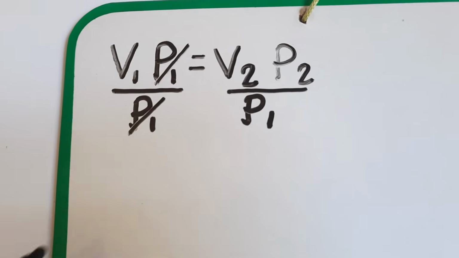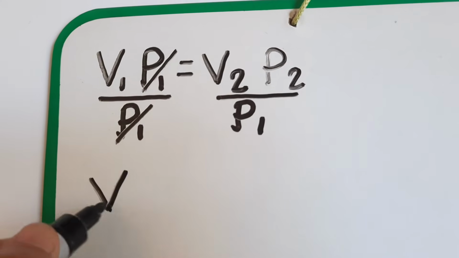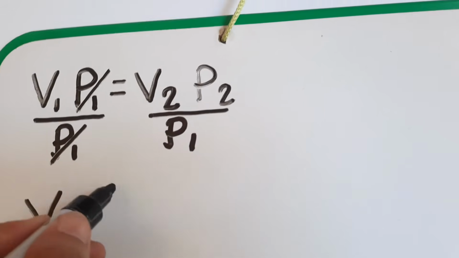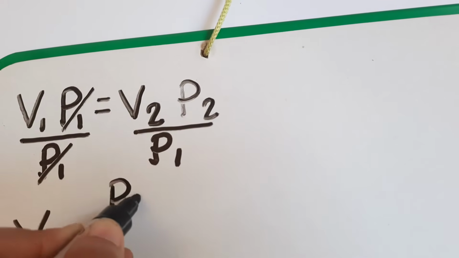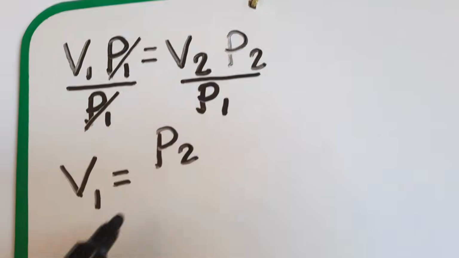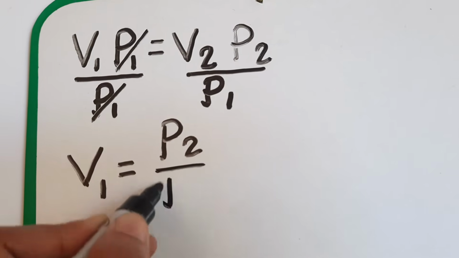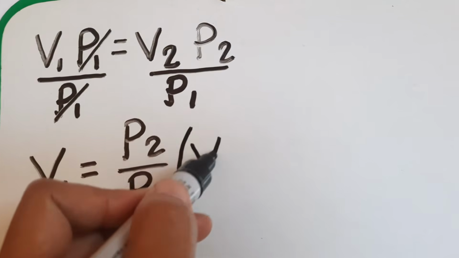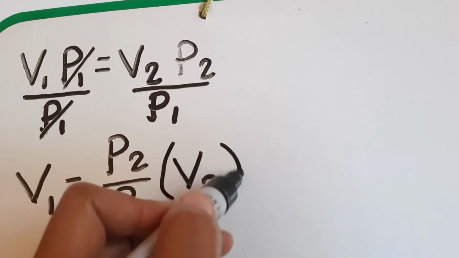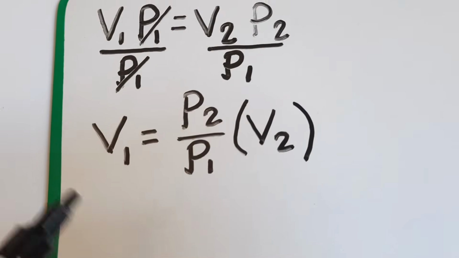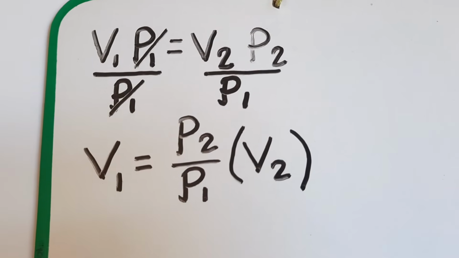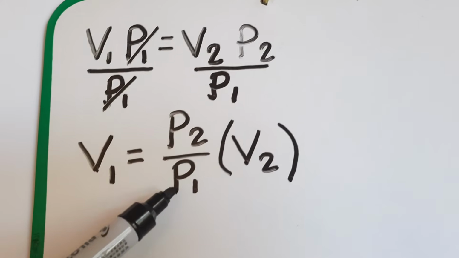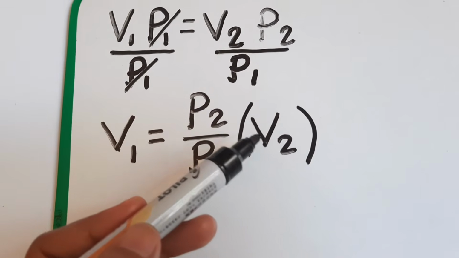So, our equation now for V1 is equal to P2 over P1 times V2. So this is now our equation for V1. V1 is equal to P2 over P1 times V2.